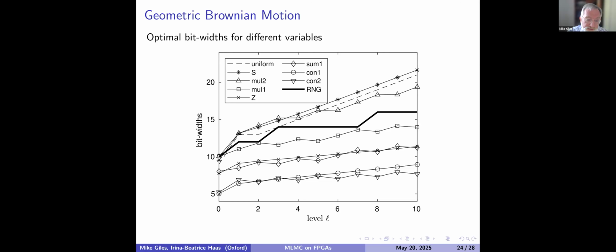We don't need very many bits for those. So ranging from only 5 bits being needed on level 0 up to 8 or 9 bits being needed on the very finest level. So there's quite a variation in the accuracy required.